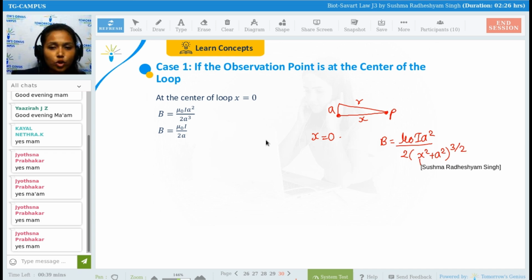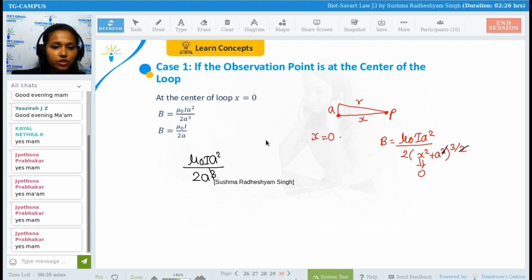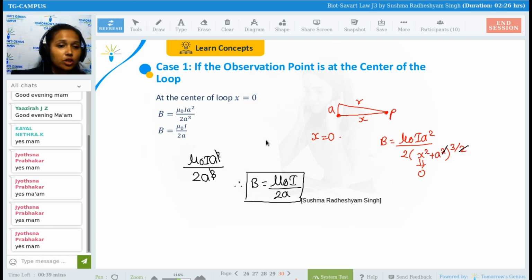Now if your x is 0, put 0 here. So we simply get mu naught I a square upon 2 a power 3. The power 3 and power 2 get cancelled. The final answer is B equal to mu naught I over 2a. So this is your magnetic field if your circular loop is present and the observation point is taken at the center only. Clear this, friends?